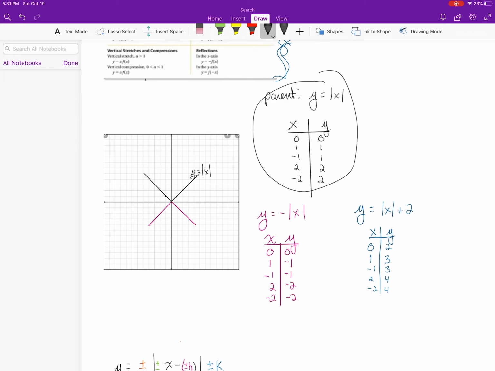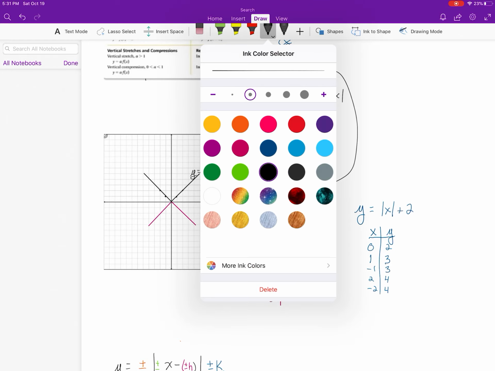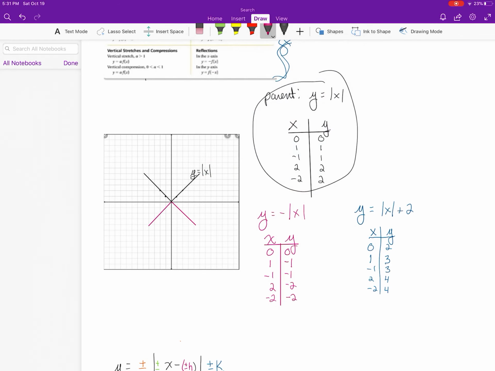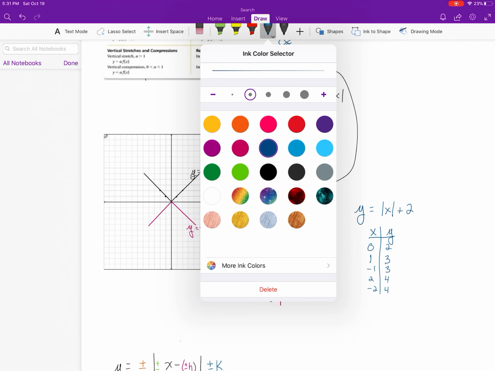We have in the black line y equals absolute value of x. And then the reflection is y equals negative absolute value of x, which we would expect. That's just like with the parabolas, right? So this is y equals negative absolute value of x.